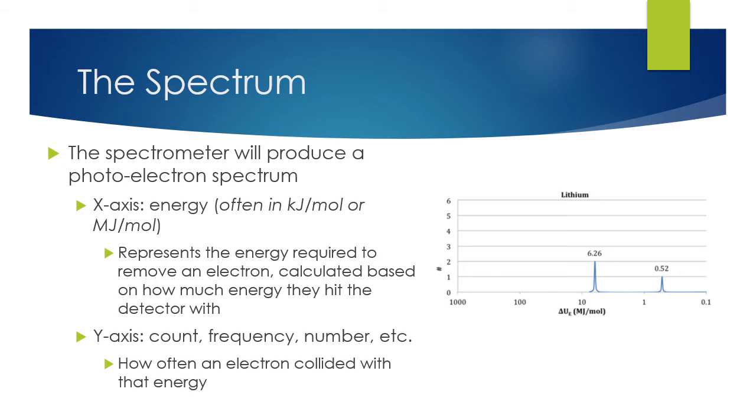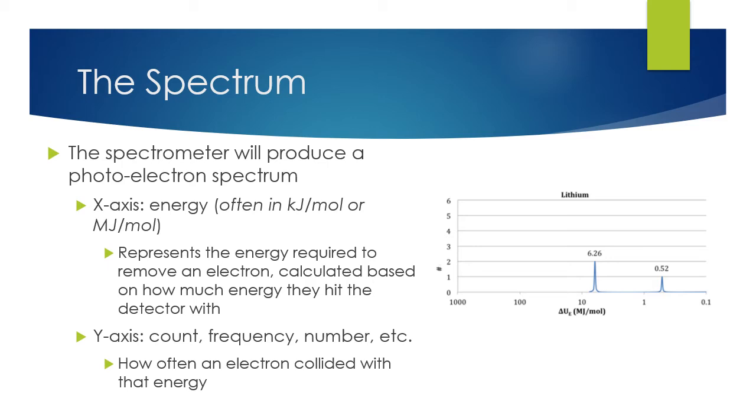The resulting graph, our spectrum, looks similar to the image shown here. This in particular is the photoelectron spectrum for lithium. The spectrometer will produce this image for you, where the x-axis is energy. Specifically, the one shown here has potential energy. The units are usually in kilojoules per mole or in megajoules per mole.